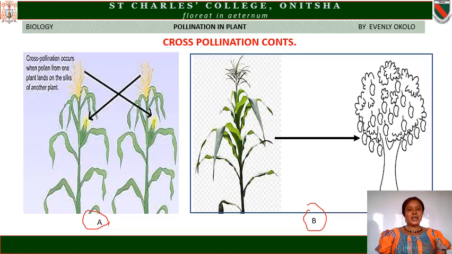Which of these structures do you think is a cross-pollination? Structure A is a typical example of cross-pollination because the transfer is of the same species. But in structure B, transfer from maize plant to the mango plant is useless because pollination will not occur here.